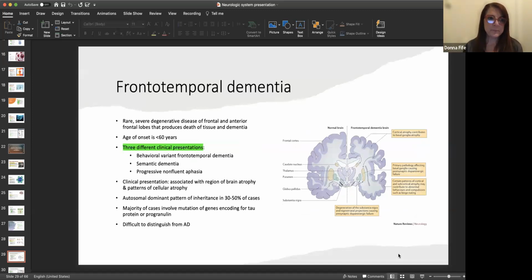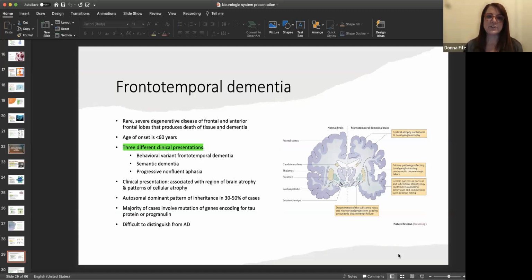Frontotemporal dementia. This is a rare, severe degenerative disease of the frontal and anterior temporal lobes that produces death of tissue and dementia. Onset is over 60 years of age. There are 3 different clinical presentations: behavioral variant frontotemporal dementia, semantic dementia, and progressive non-fluent aphasia.